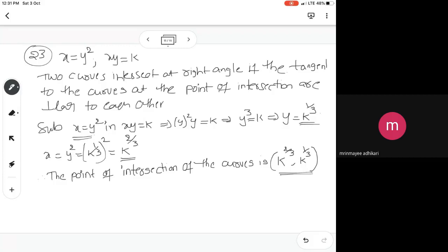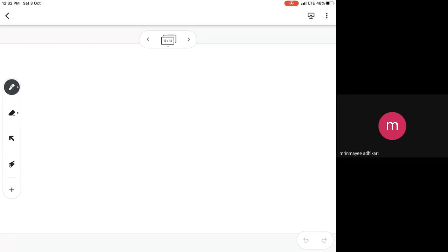So now here at this particular point you need to find out the slope of the tangents, and whenever the tangents are perpendicular, the product of their slopes will be equals to minus 1. So from that you are going to get the required solution. So now remember the point k power 2 by 3 and k power 1 by 3. Differentiating the first curve, x is equals to y square, with respect to x.